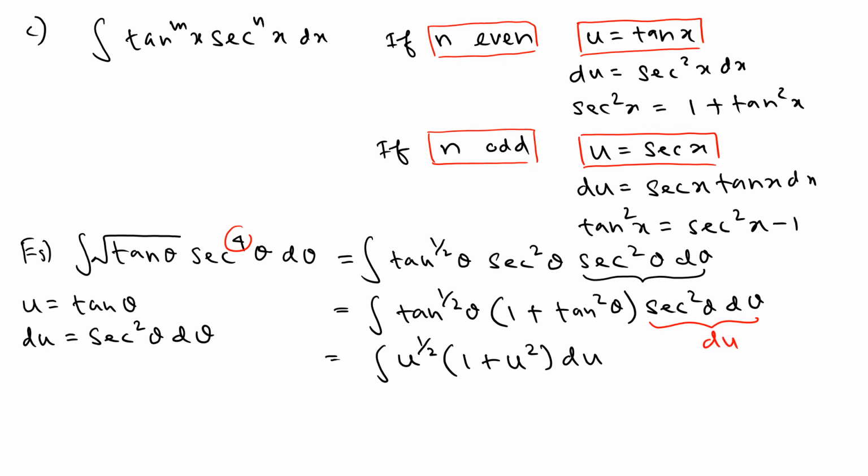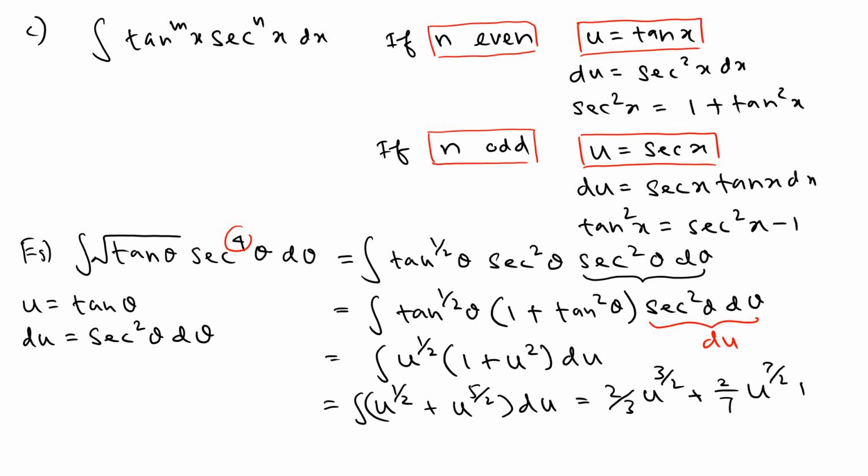If you distribute, you get u to the one half plus u to the five halves du. This is very easy to integrate. You get 2/3 u to the three halves plus 2/7 u to the seven halves plus c.